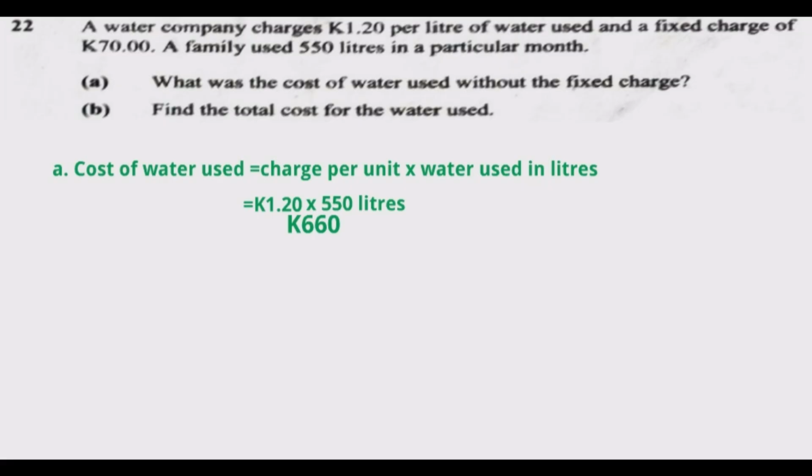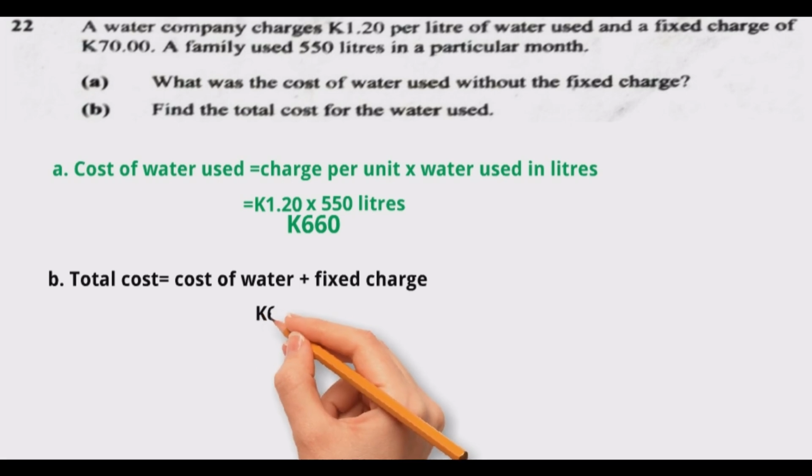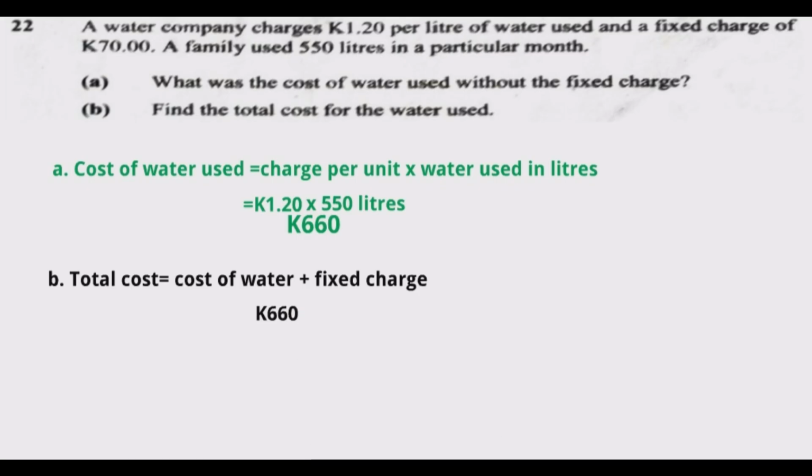So to find the total cost of the water used, we're going to come up with this formula: total cost is equal to cost of water plus fixed charge. What is the cost of water? We have realized that the cost of water they used that particular month was 660 kwacha.